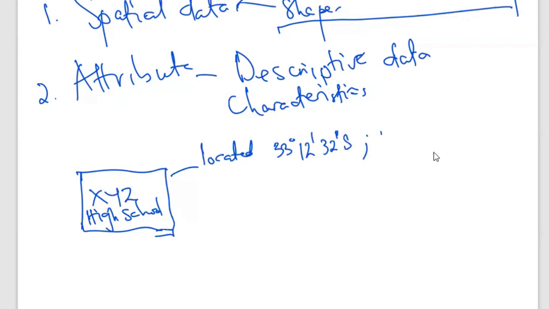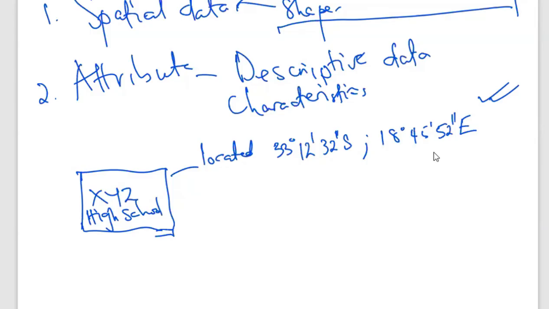And maybe it's located at 18 degrees longitude, 45 minutes and 52 seconds to the east. This is spatial data about XYZ high school.